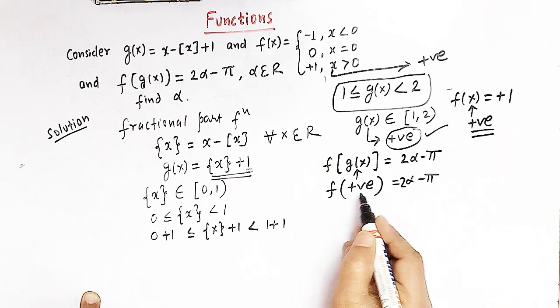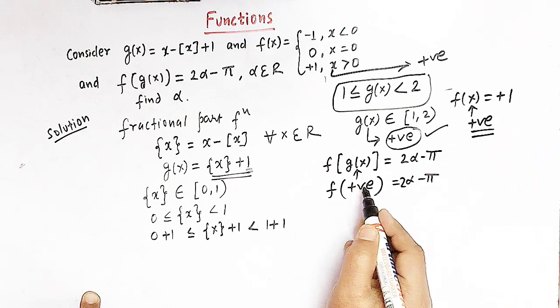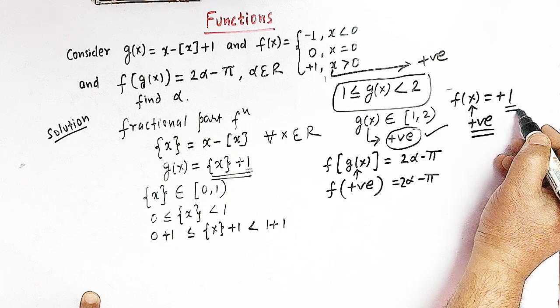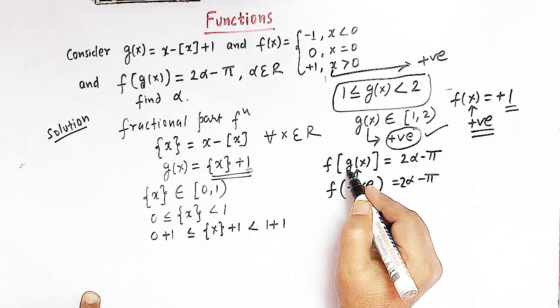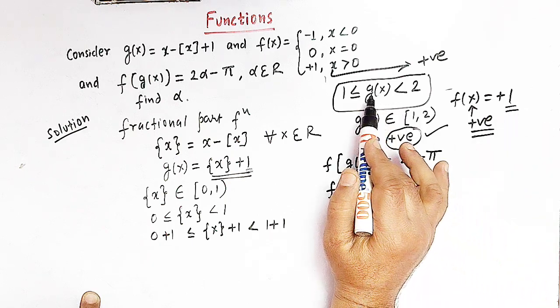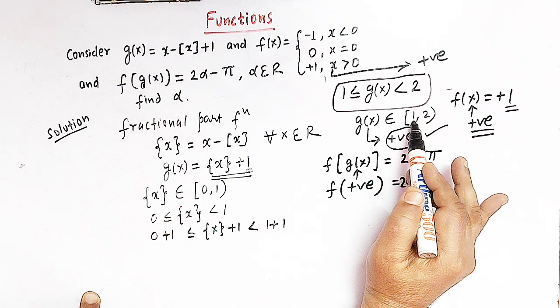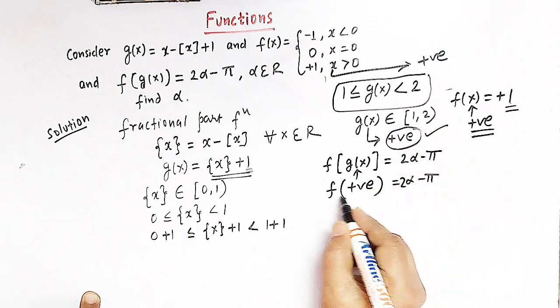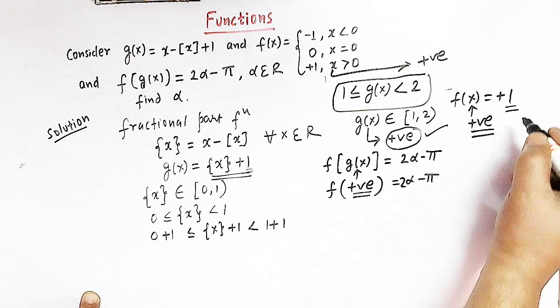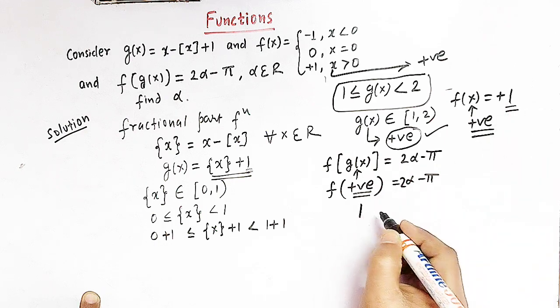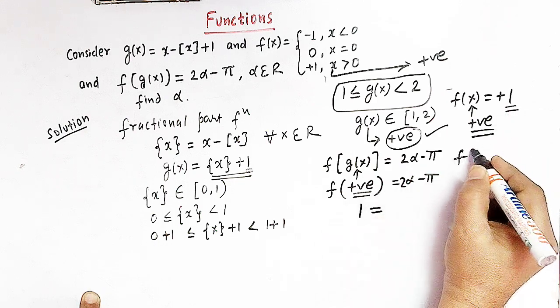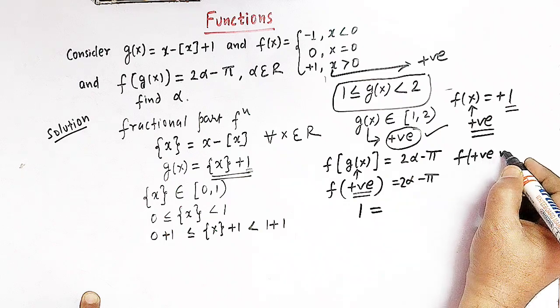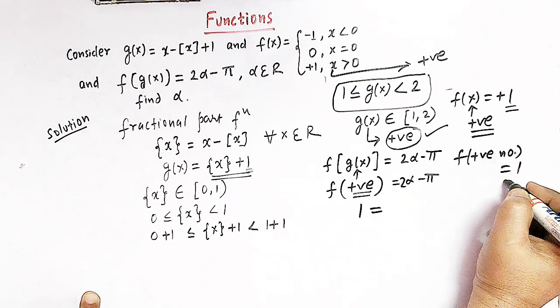So f of a positive number should be equal to 1. Whatever be the value of g of x, where g of x belongs to the interval 1 to 2 with 1 included, f of some positive number should be equal to 1. So here we have 1.